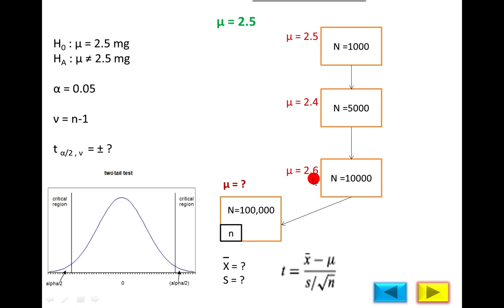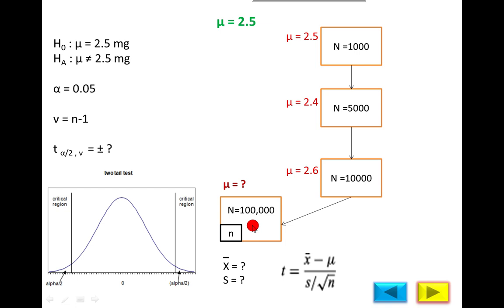But after a few years, production increases from 10,000 to 100,000, and you cannot calculate. This is the most important thing, listen carefully. Suppose the production is very large, maybe 100,000 or 200,000, very large, and you cannot calculate the weight of all the tablets like this.